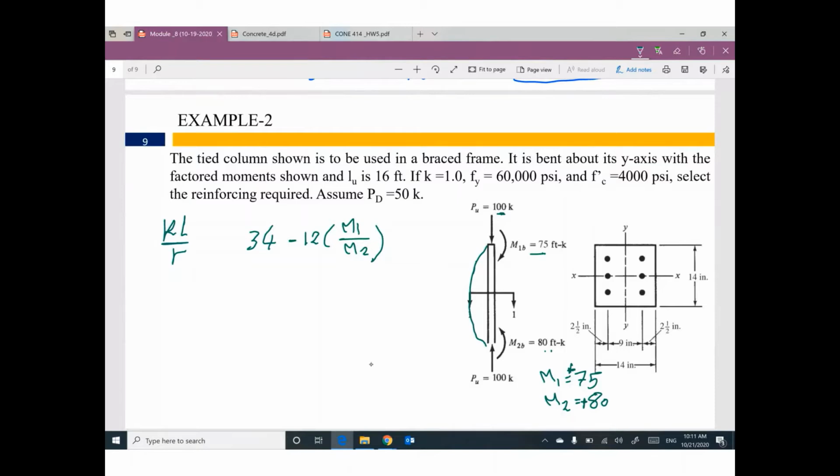It is bent about its y-axis with the factored moment shown, with unsupported length 16 and the K factor is 1. So 1 times 16, I'm going to multiply it by 12 to be in inches. Divide by r. Do you remember the value of r? Radius of gyration. Yeah, 0.3 times 14.